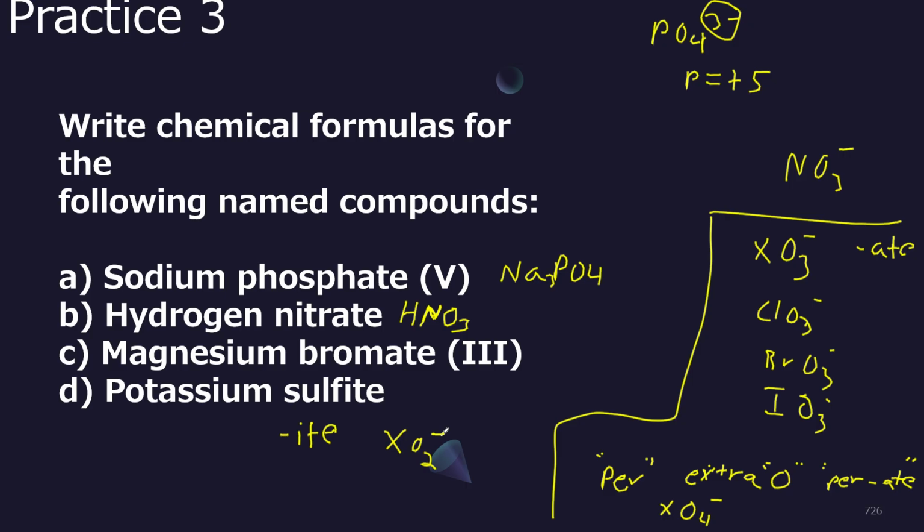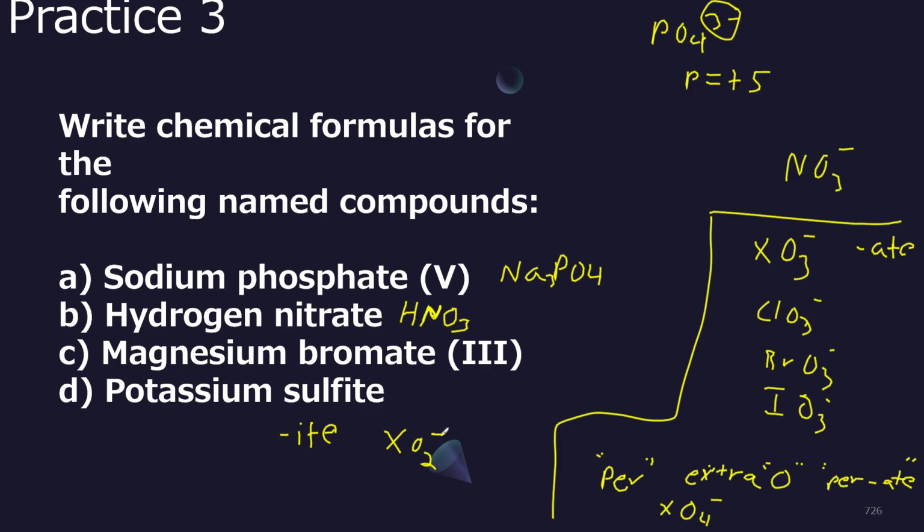So when we're looking at this, magnesium bromate 3, bromate in this Roman numeral version encapsulates possibly all of these, the per version, the ite version, the regular version, but it's the Roman numeral 3 that will tell you which it is. So you have to really think about this.